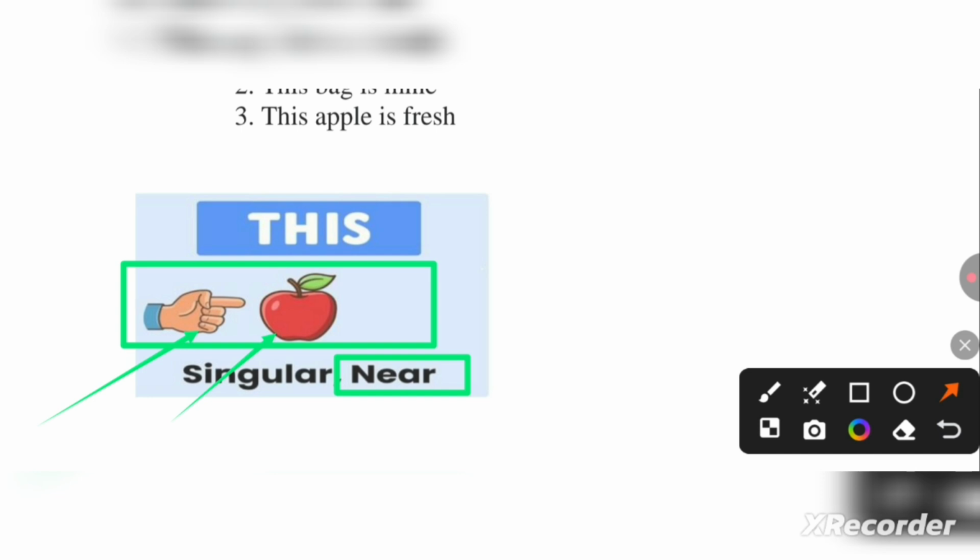That's why in every blank, whenever an object shows the nearness, we must use the demonstrative determiner this.